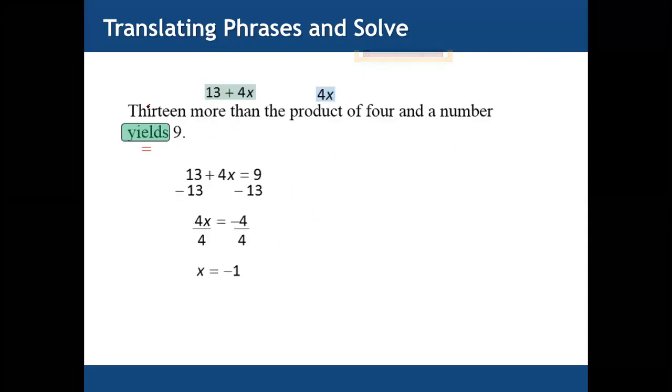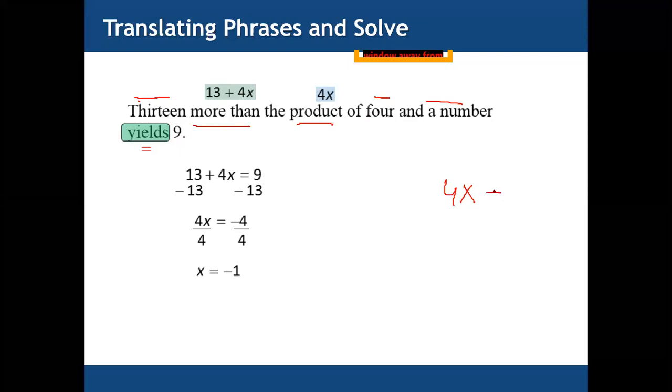Next one, 13 more than the product of 4 and a number. Product means multiplication, 4 and a number. First of all, we have 4 multiplied with a number, 4x, 4n, a variable, and 13 more than. You know that "more than" we use for addition.